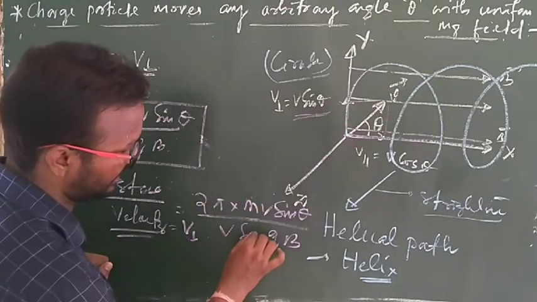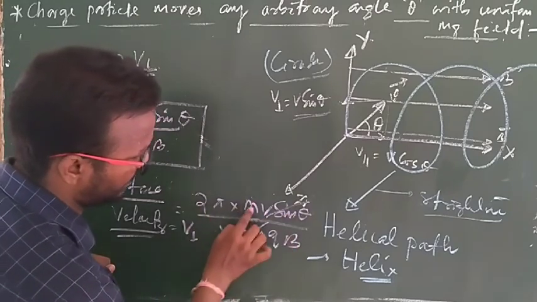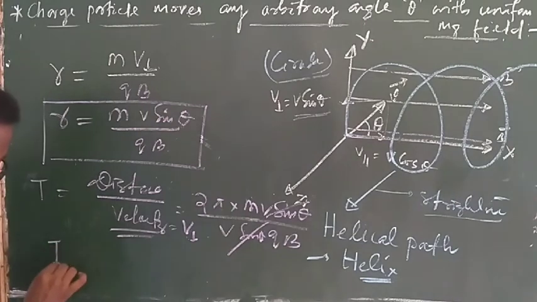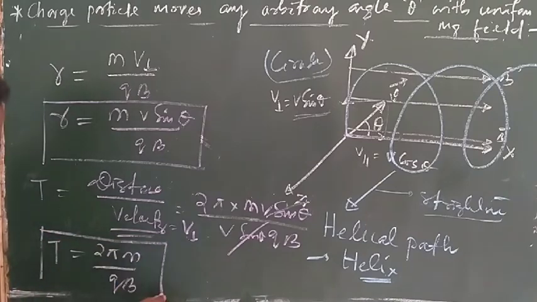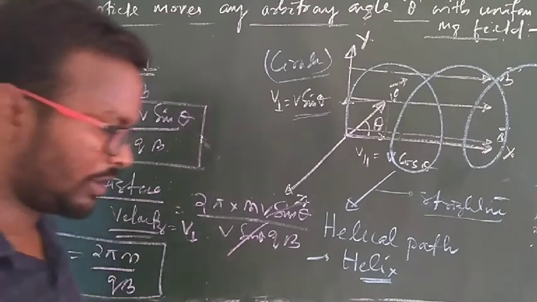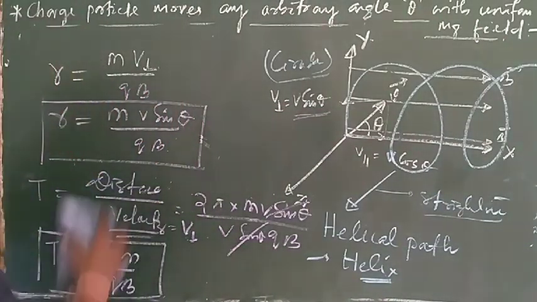So v sin theta cancels, leaving only 2 pi m by q B. So T equals 2 pi m by q B. Here also the time period is independent of the velocity of the charge.